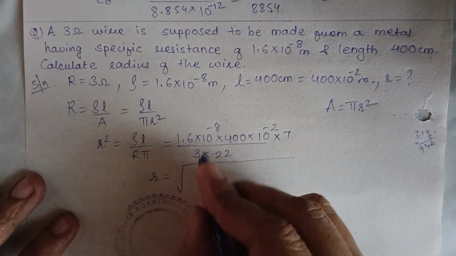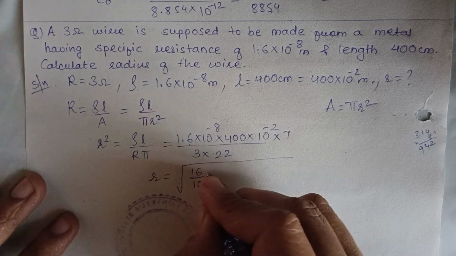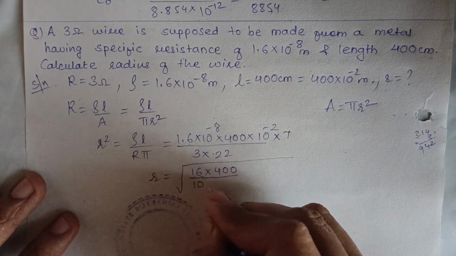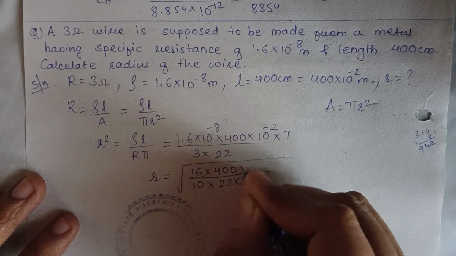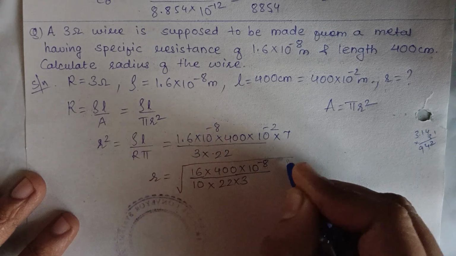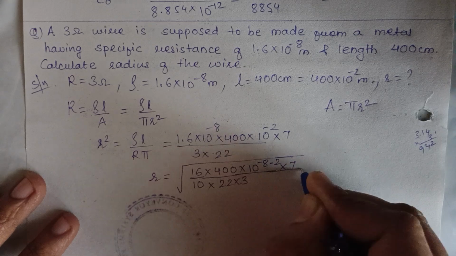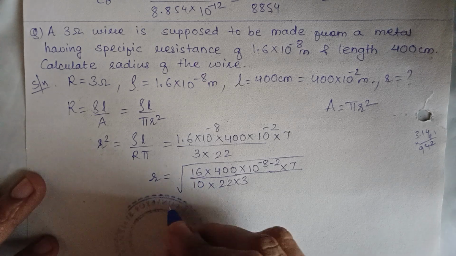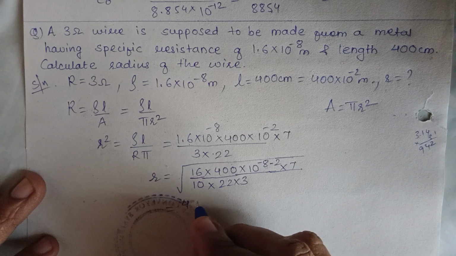this is 1.6. I can write it as 16 divided by 10. Then this is 400. 10 raised to minus 8 minus 2 into 7. So the root of 16 is 4. Root of 400 is 20.